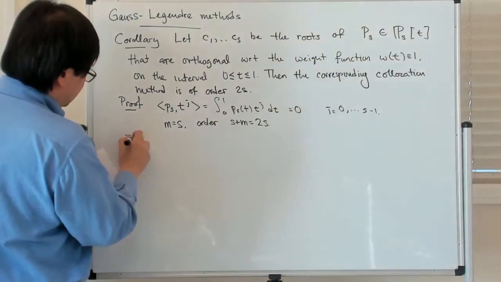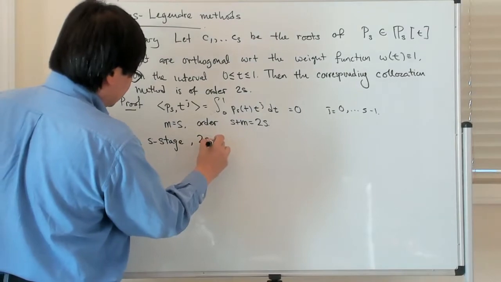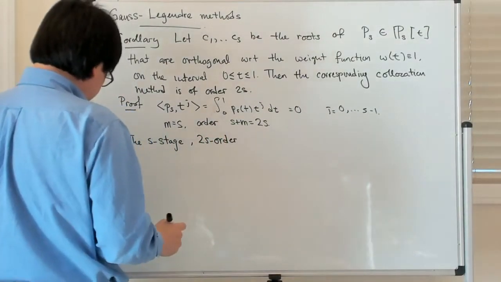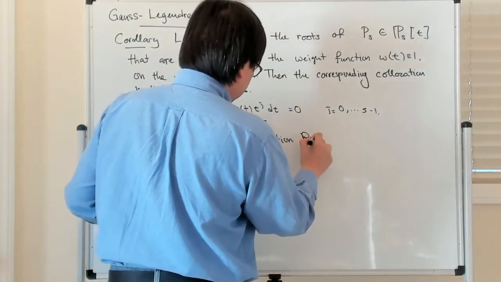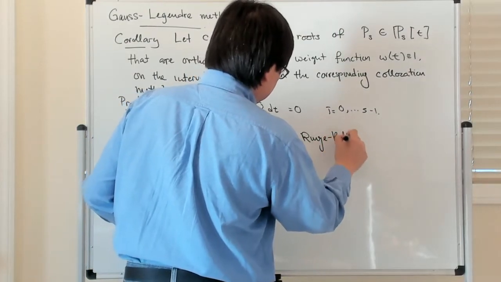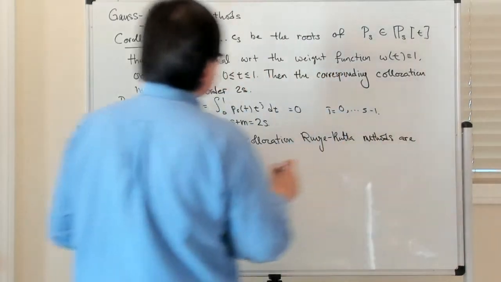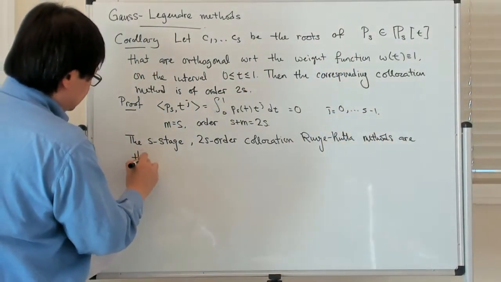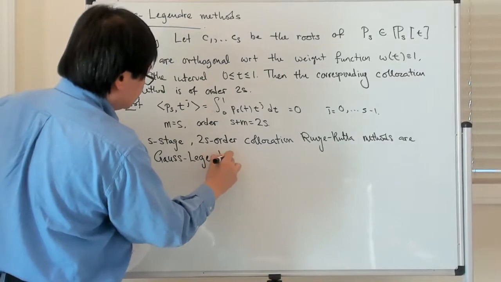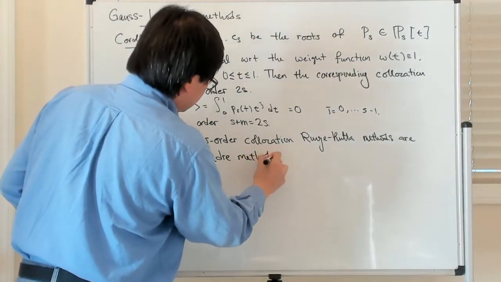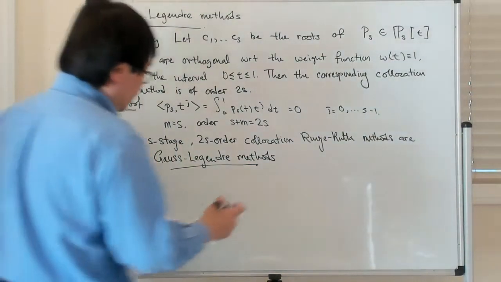So the s-stage, order 2s collocation Runge-Kutta methods are referred to as the Gauss-Legendre methods. And they have a large number of very, very nice properties, which we'll talk about later.